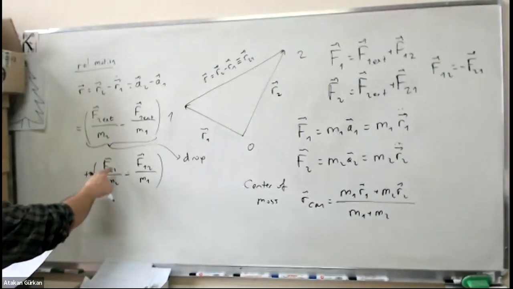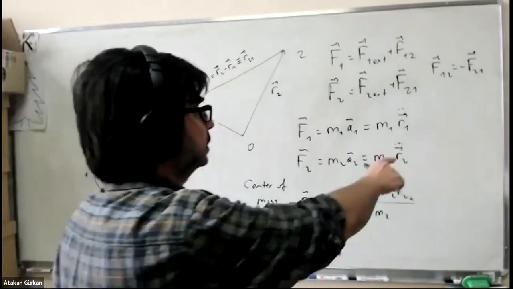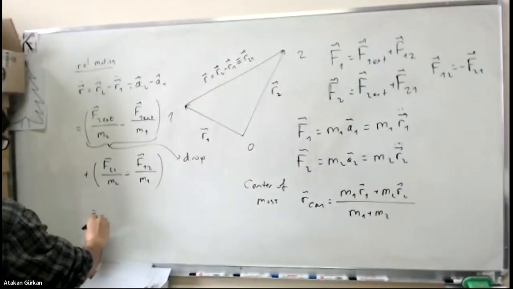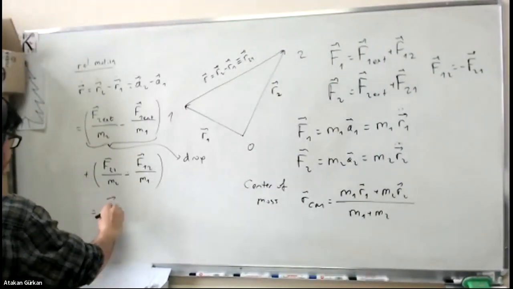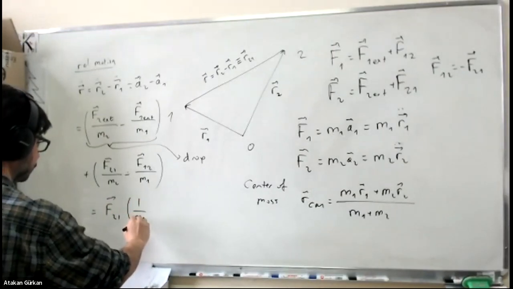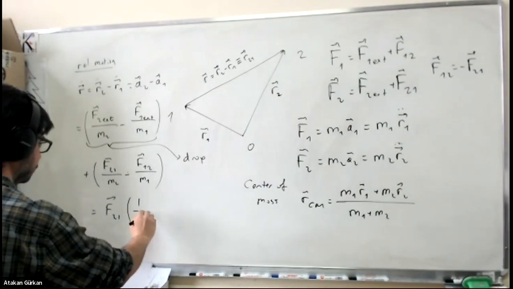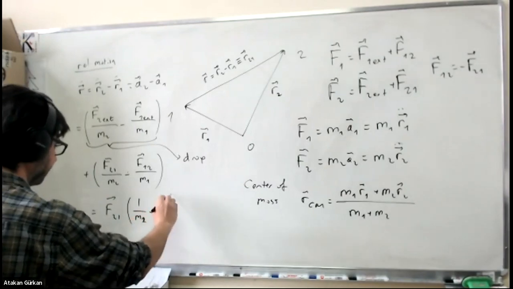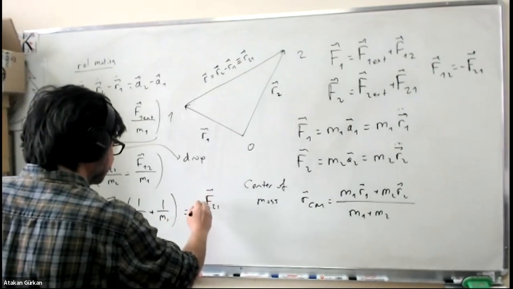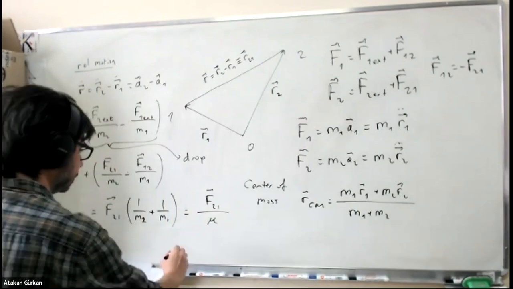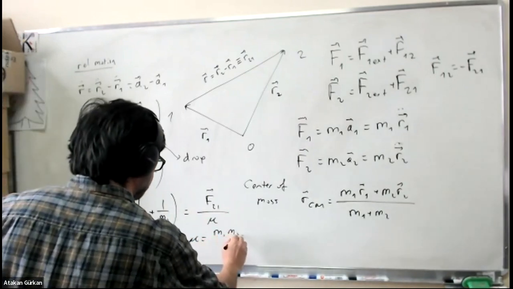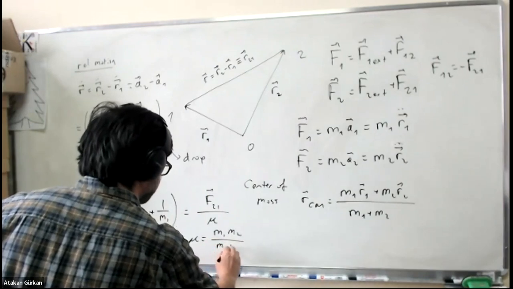Now, if you do this, and if you recognize that these are in fact the same thing, then we get F21 times 1 over M2 plus 1 over M1. Okay? And this we generally write as F21 divided by mu, where mu is going to be m1 times m2 divided by m1 plus m2.